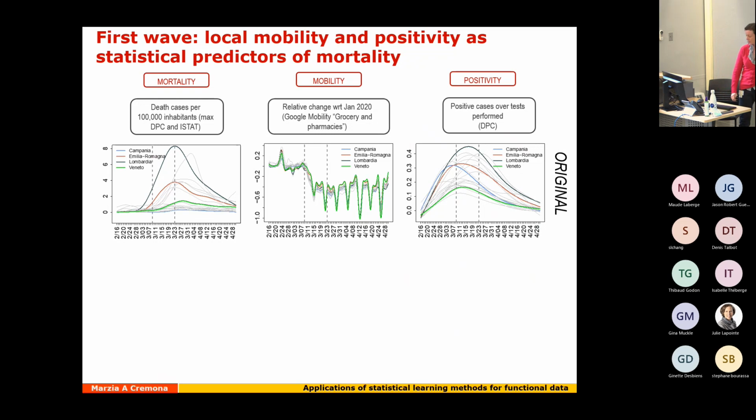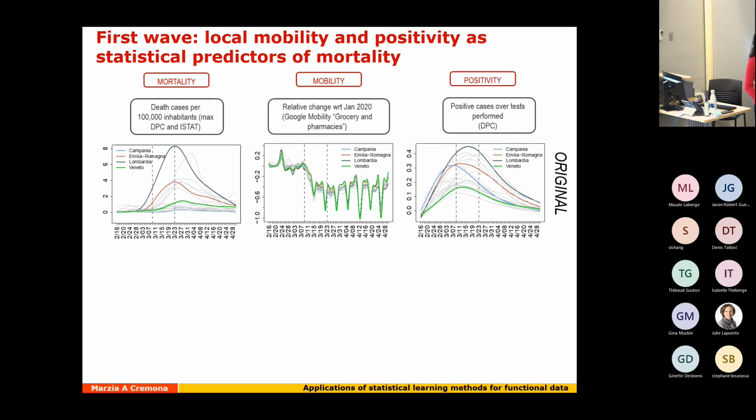The next step was trying to link this mortality with the local mobility and positivity. So we have, again, our mortality curves, but now we have two other sets of curves. We have a set of mobility curves. These are from Google, and that's the relative change with respect to January 2020. We can see the two lines are the lockdown and the closure of all the activities.